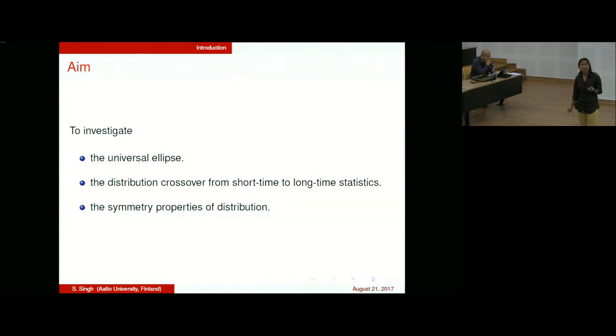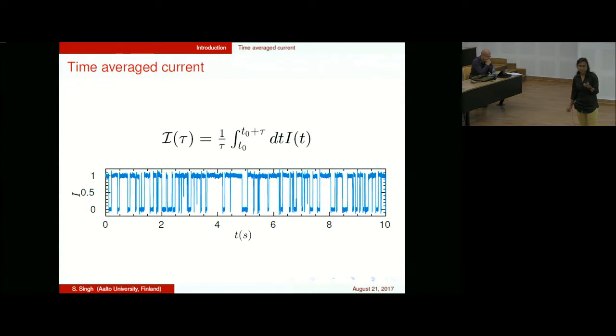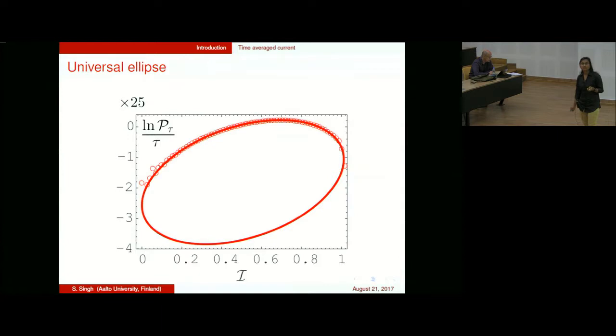So, just to remind what the variables are, this is the average current, and when we do it over a very long time, by long time I mean something like 1.5 seconds in my measurement, where my transition rate is of the order of 100 Hertz. So when we do that, we get quite a nice ellipse.